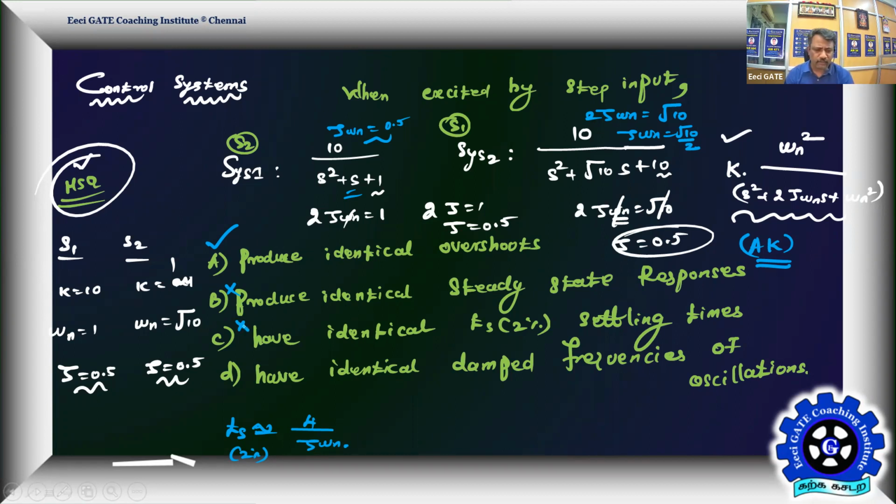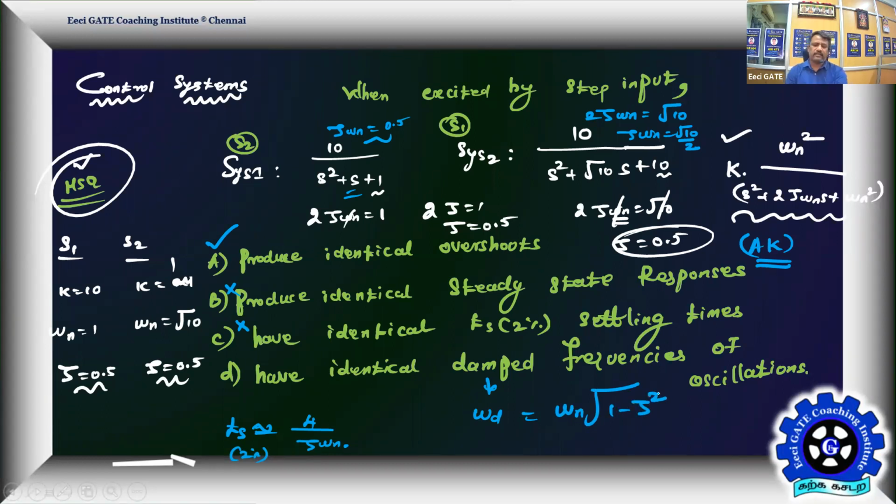And what about the final point? The two systems excited by a step input will have identical damped frequencies? Identical damped frequencies means omega d. As per the fundamentals of second order transient response, omega d is omega n into root of 1 minus zeta square.